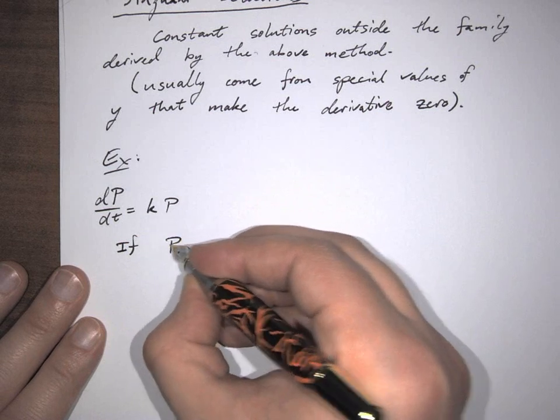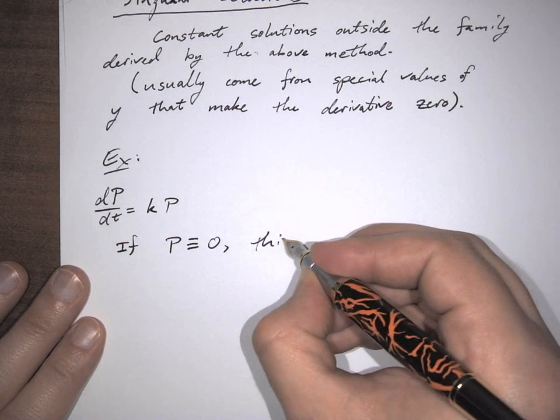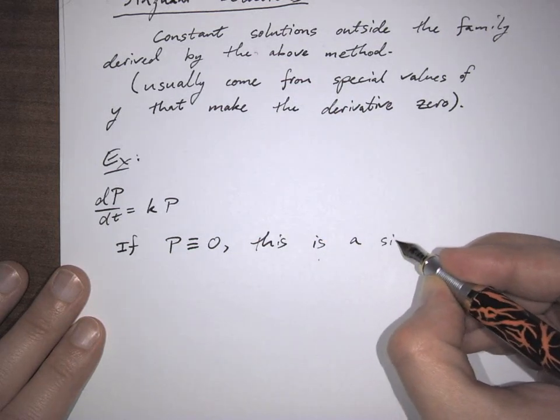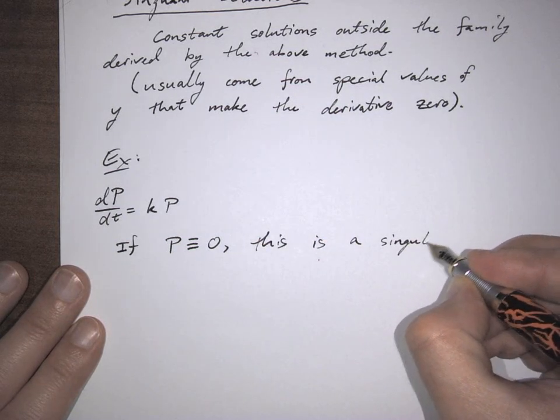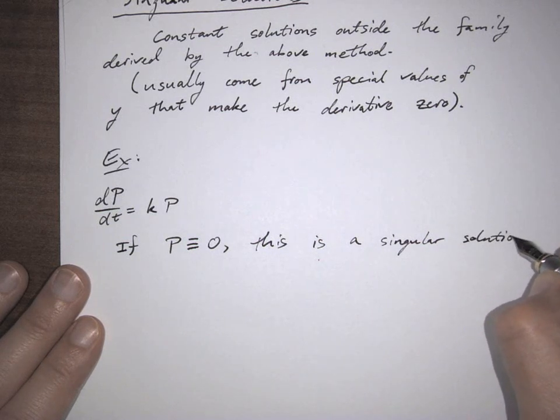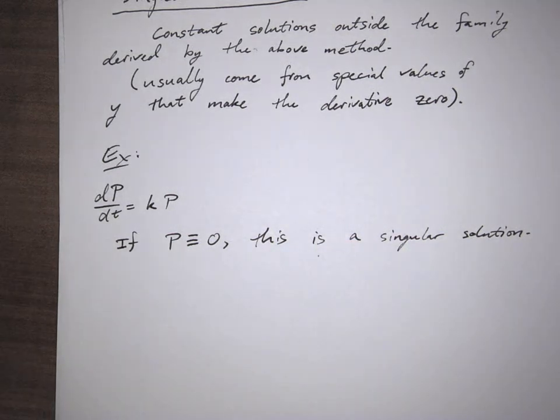If P is constantly equal to 0, this is a singular solution. So remember, the three-barred equals is a notation that means constantly equal to.